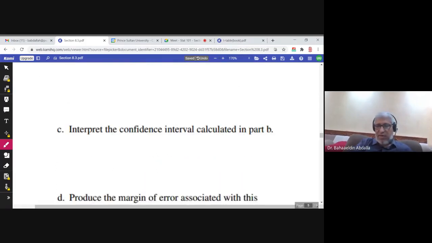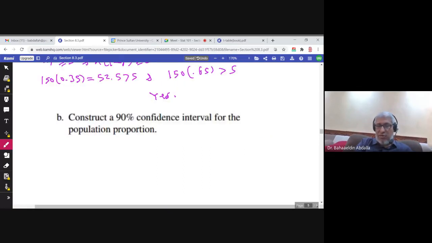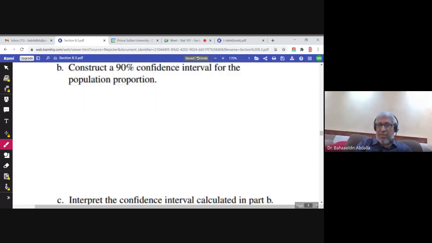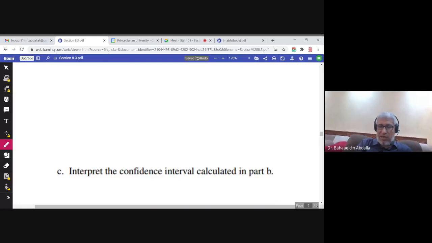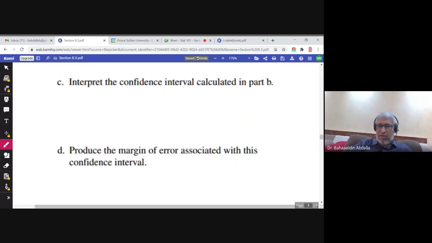Interpret the confidence interval. You can say that we are 90% confident that the population proportion lies in the given interval. Produce the margin of error.